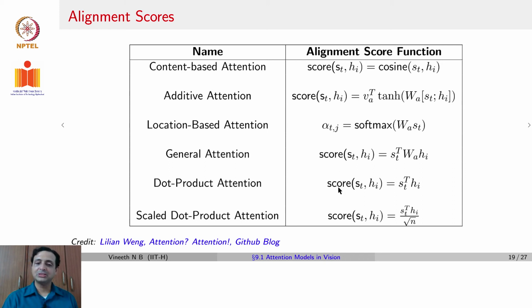Or you could simply use just a dot product by itself, which would be similar to your content-based attention. The cosine and the dot product would give similar values. Or there is a variant known as the scaled dot product attention, where you use the dot product between the two vectors st and hi, but scale it by root n, which tells you the number of inputs that you have.